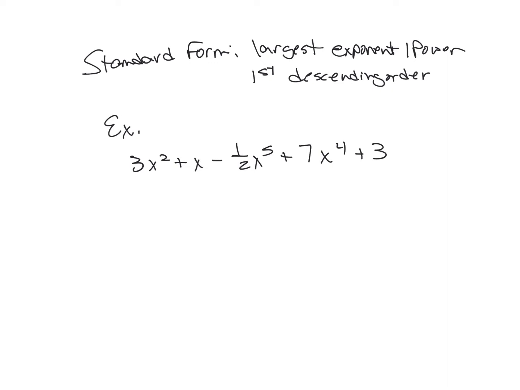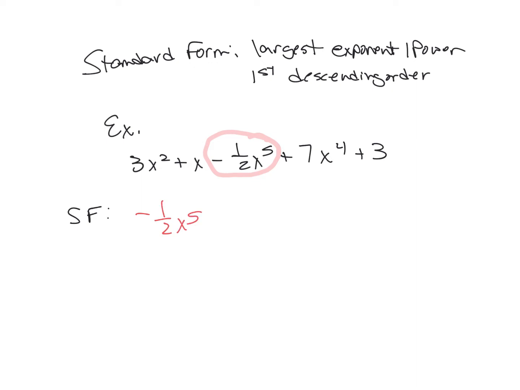We're going to look for the largest exponent first, and my largest exponent is 5. So this negative 1/2 x to the 5th is first. So in standard form, we're going to say negative 1/2 x to the 5th.